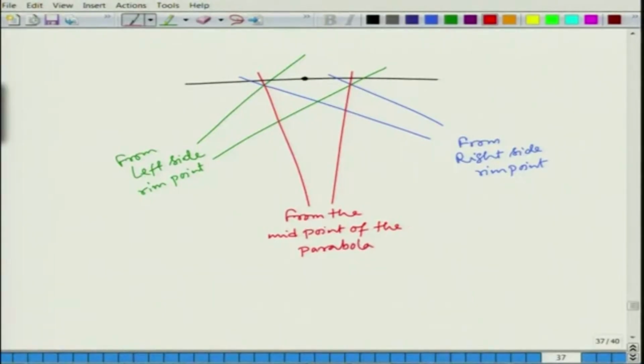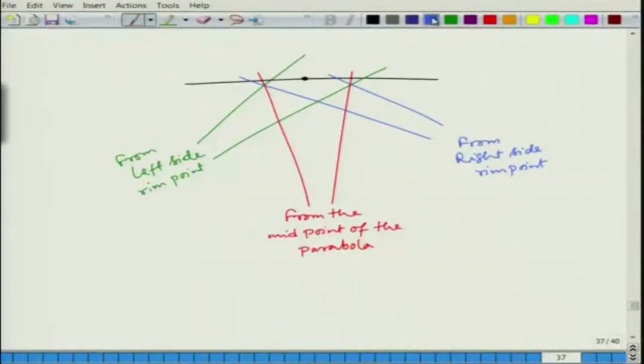Okay. So, you can see that ultimately if you have a 2-dimensional parabolic trough, then the image that will form will be symmetric, but from one point if you look at it, the image will be asymmetric, because now you can see the total length of the image will be this, right.